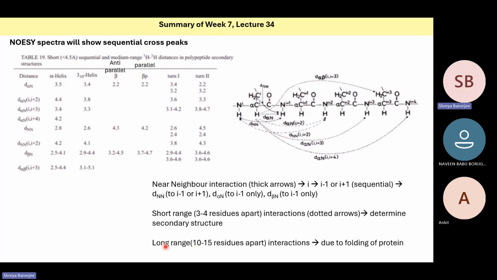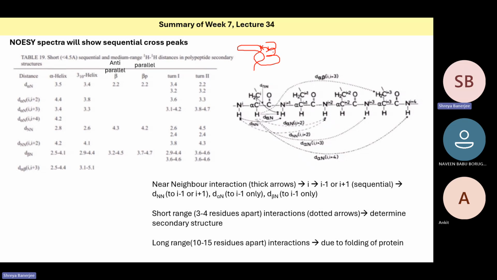Then we can have very long range interactions, which are interactions between residues that are 10 to 15 amino acids apart. That is not shown here, but these normally help in understanding the tertiary structure of a protein. So suppose you have an alpha helix here, then a protein which has a beta sheet, and so on. Now, if there is an interaction between, suppose, this region and this region, so there is this kind of interaction.